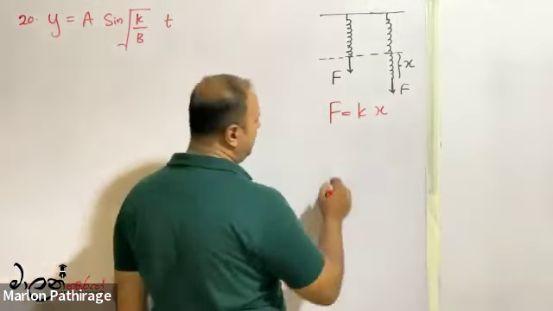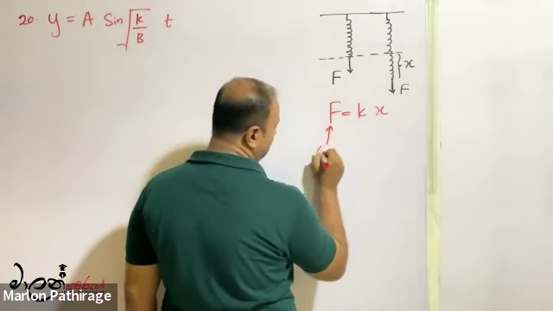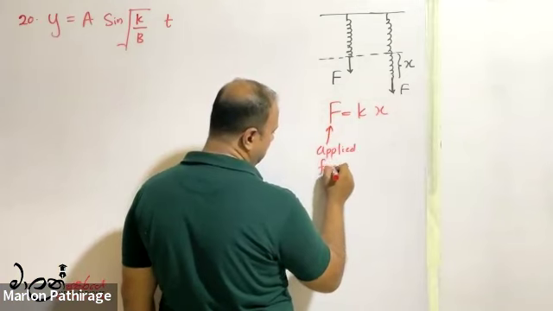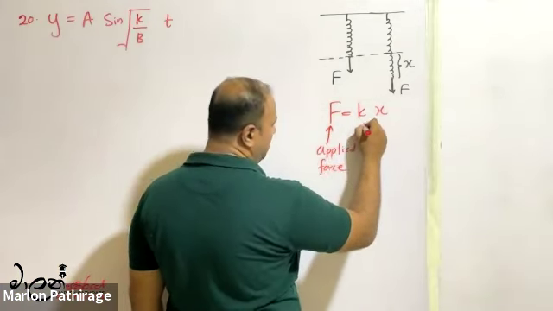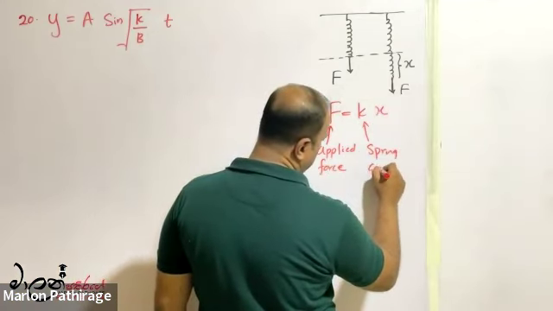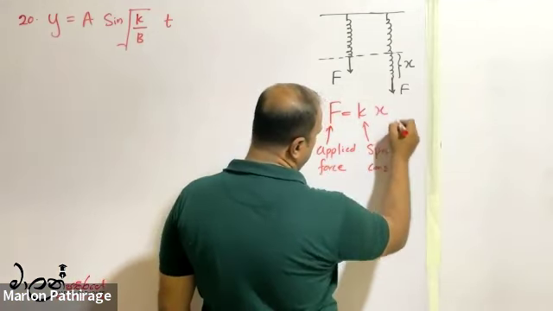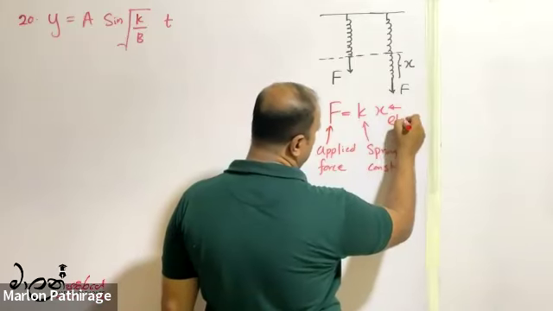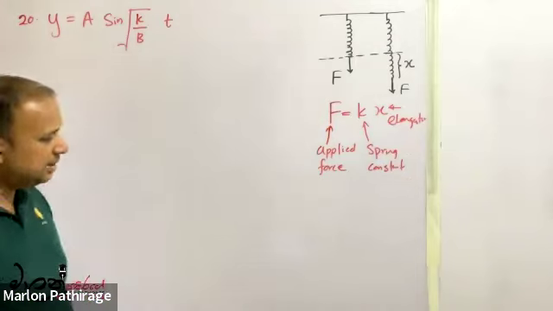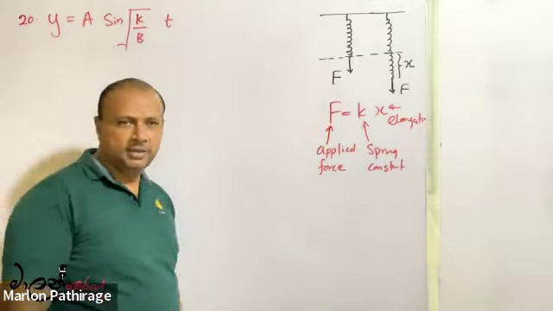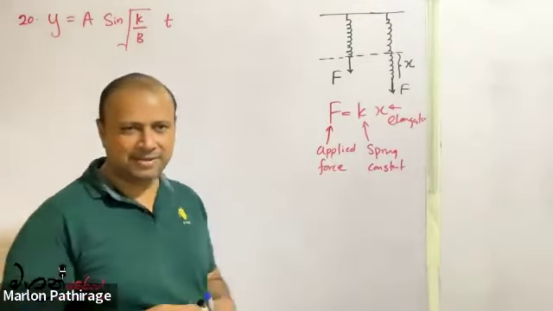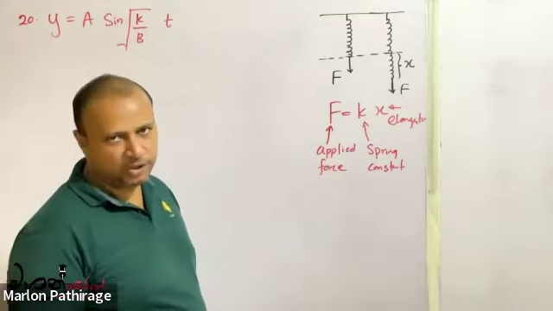F means the applied force, K is the spring constant, and x is the elongation. So that is the relationship between force, the spring constant, and the displacement.